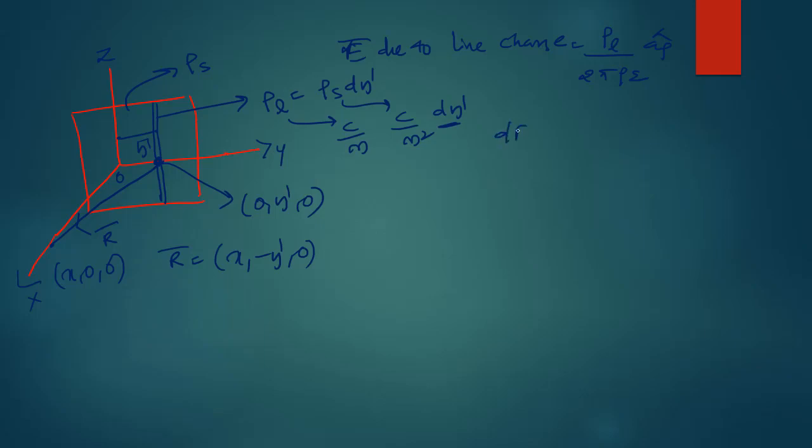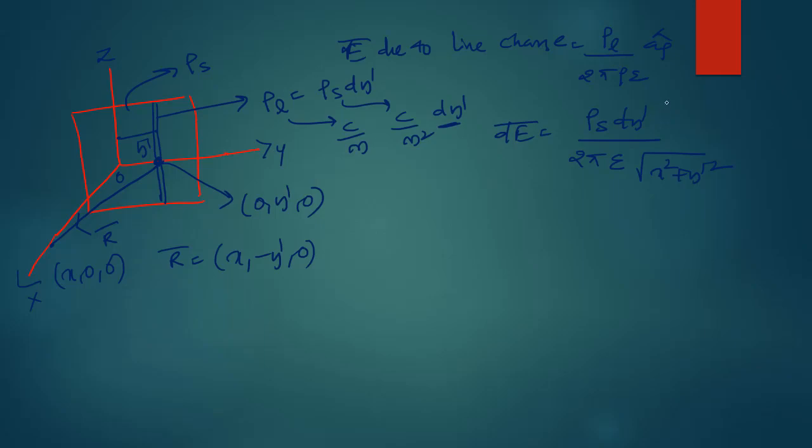So the differential electric field is equal to rho s dy cap, this is what I have written instead of rho l, by 2 pi. What is the perpendicular distance here? First I am writing epsilon. The perpendicular distance is square root of x square plus y dash square, and a rho cap is rho by the magnitude of rho.